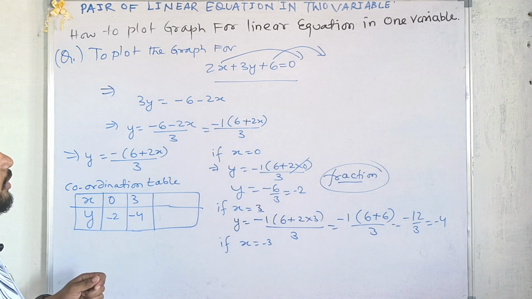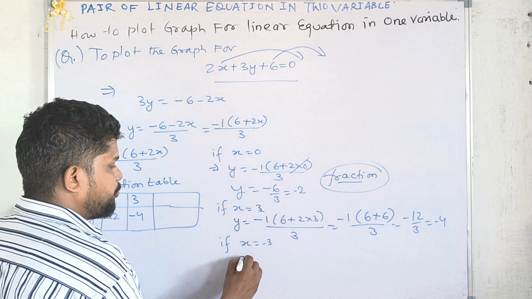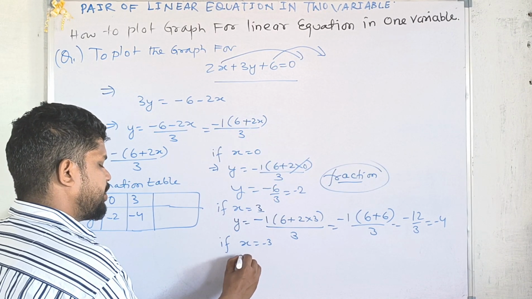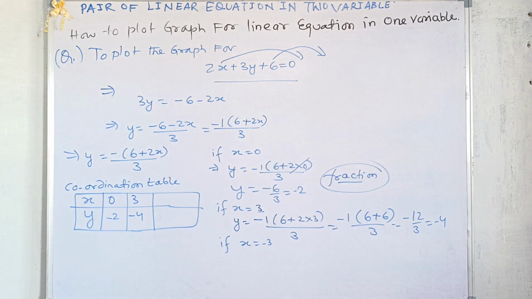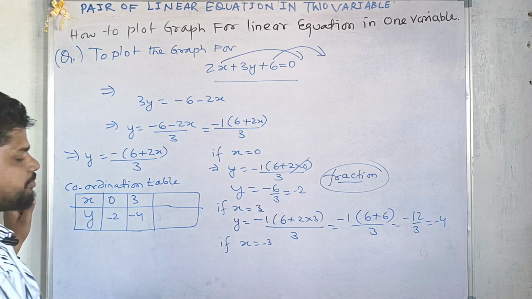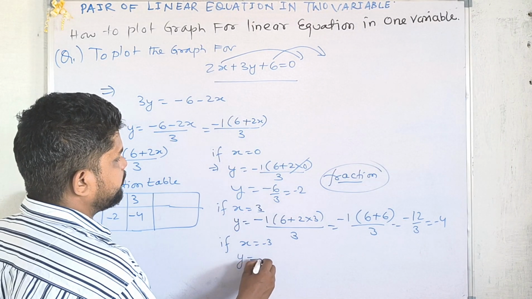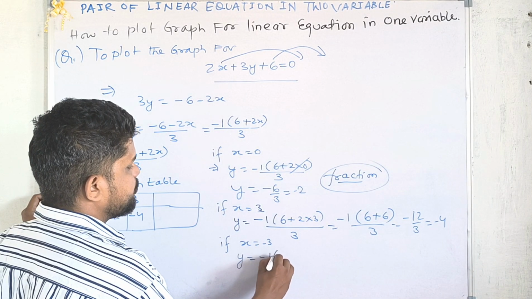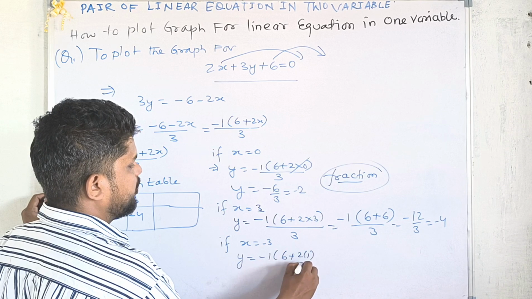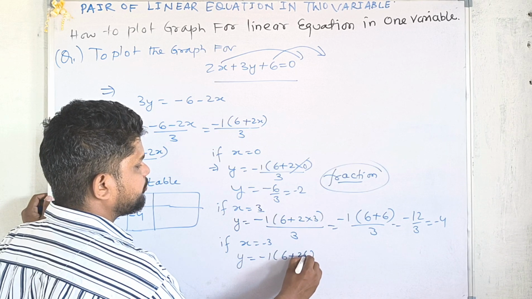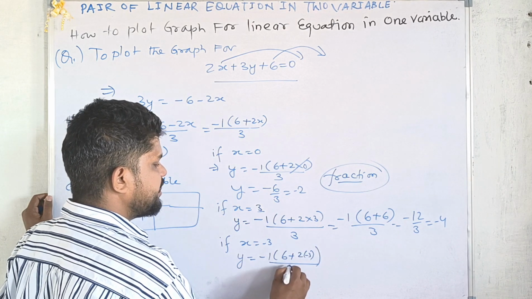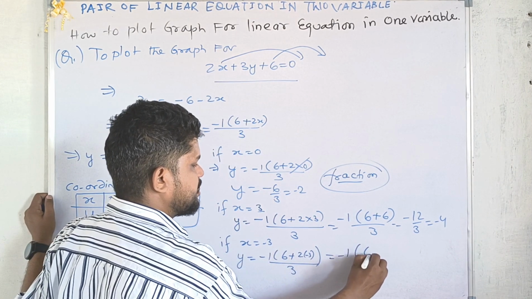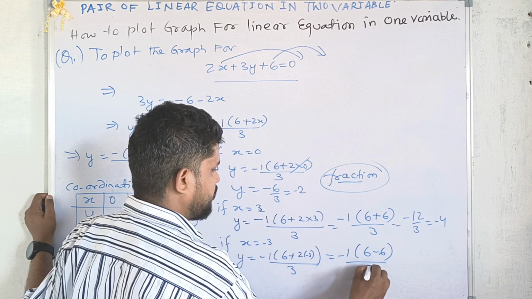Okay. If I put the value of x is equal to minus 3, the value of y will be what? Y will be equal to minus 1, 6 plus 2 into, sorry, minus 3 divided by 3. Here 6 minus 6 upon 3.